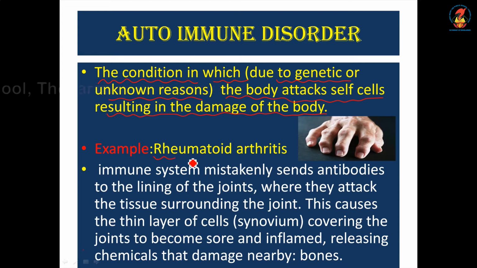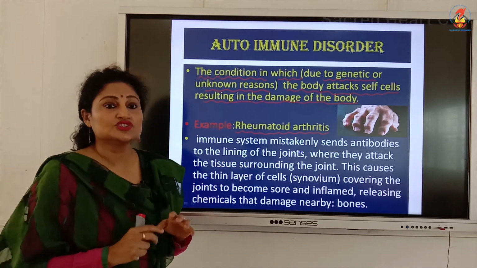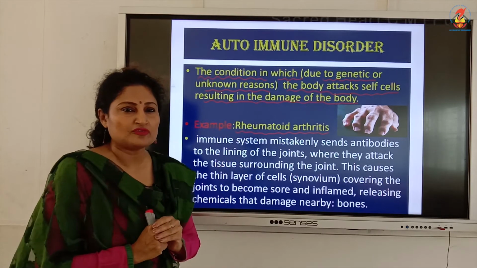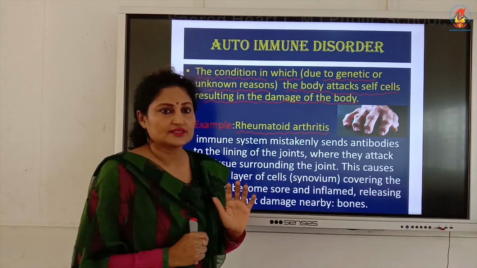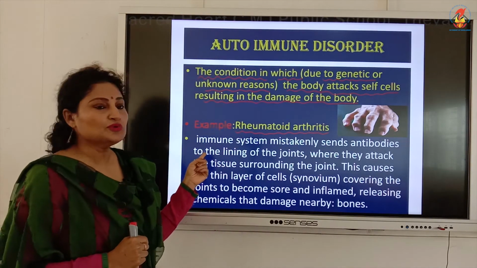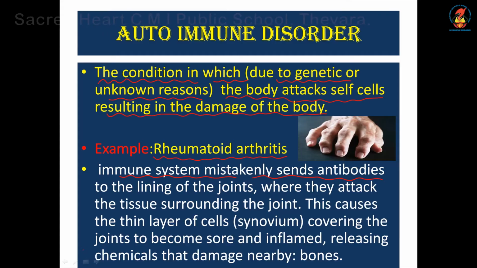The best example is rheumatoid arthritis. I have given the picture of the hand of a person having rheumatoid arthritis. The characteristic of this disease is that the joints become very stiff, very painful and also very disfigured. Look, a disfigured hand. The reason is that the immune system mistakenly sends antibodies to the lining of the joints.